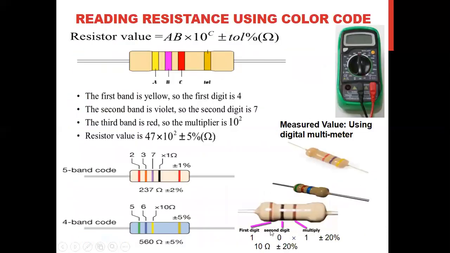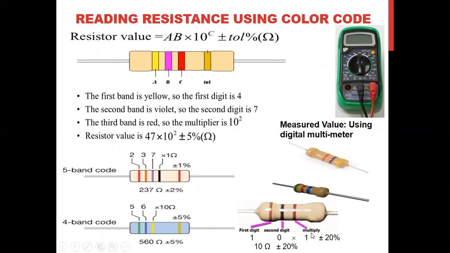So the first digit is brown, the value is 1. Second digit black, 0. The third digit is the multiplier because it's actually a 4 band. Its value is also 1, meaning 10. Okay. So the value is 10.